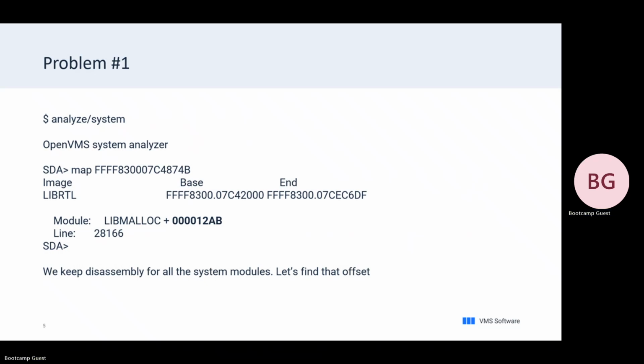We keep all the disassembly of our system modules just in case, for this kind of case. But sometimes it shows only an offset and not the module name. In that case, you need to manually calculate using the map files and listing files what the problem instruction is. So this one is a little easier.